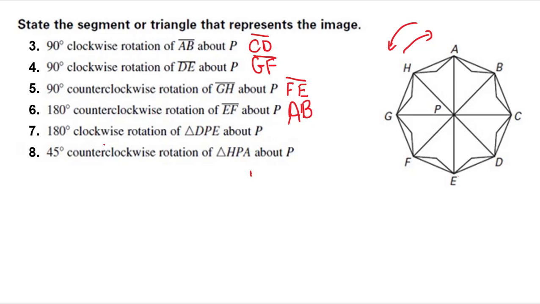Now, 180 clockwise rotation of triangle DPE. Okay, so clockwise, I'm going to rotate D 180 clockwise, so that gets me triangle HP.